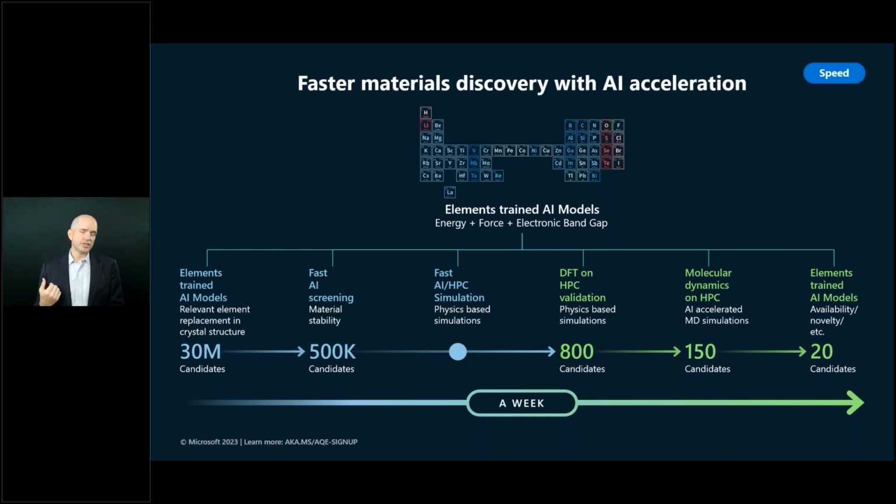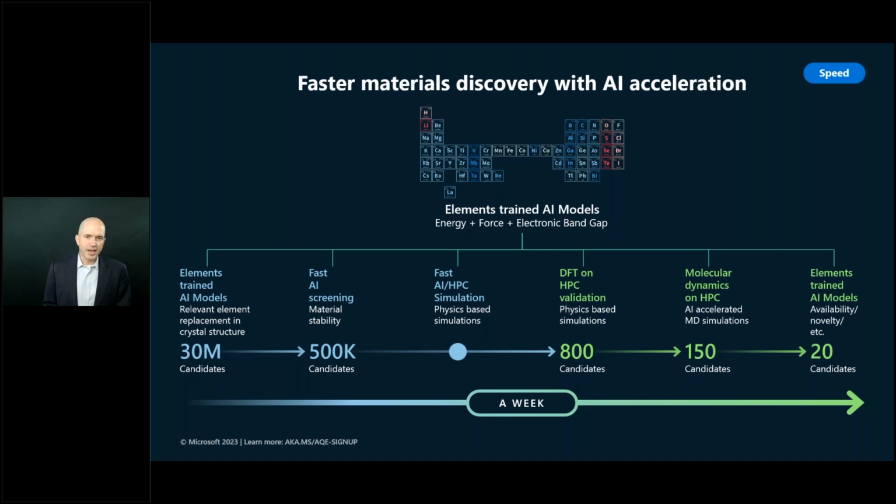This is important for giving confidence to the scientists who have to go off and make these at the end. But it's also important because those density functional theory calculations, the more traditional physics-based simulation, give you insight into the system. So it gives you that explainability piece. Again, explainability is important for building confidence in the results, but it's also important for generating that insight needed to optimize these candidates down the road.